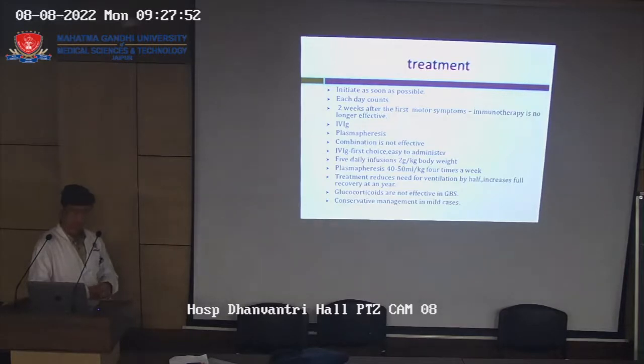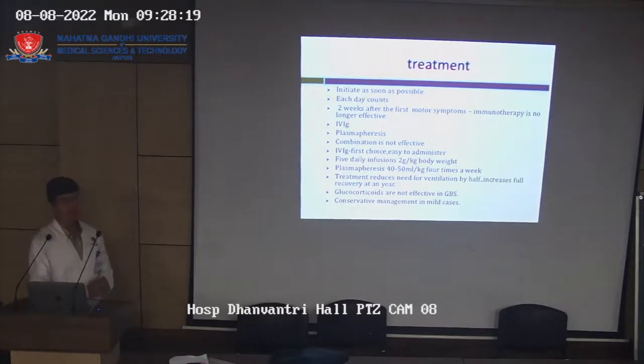And in IVIG, we give injections for 5 days, and the total dose of IVIG is 2 gram per kilogram body weight. So around 120 gram of IVIG is given to a healthy adult. And plasmapheresis is in the dose of 40 to 50 ml per kg, 4 times a week.